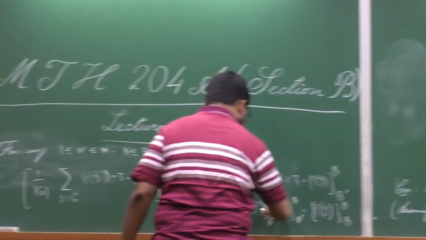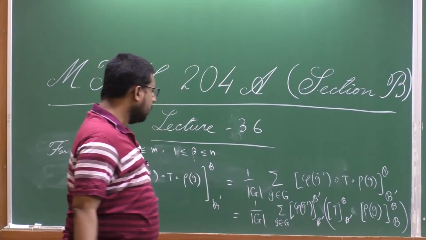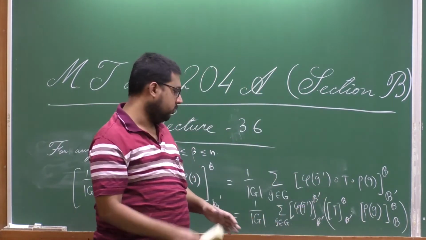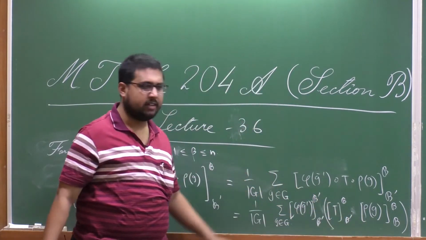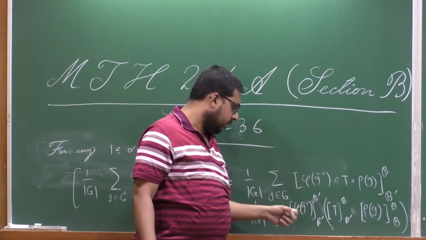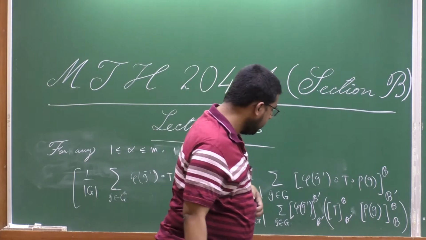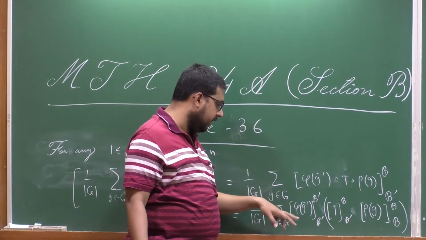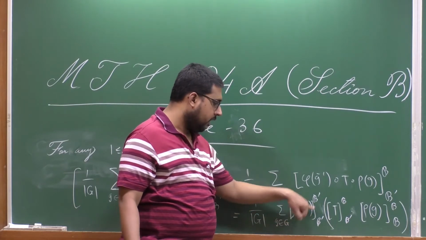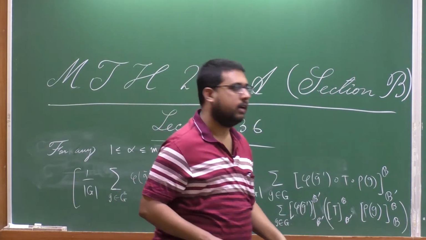These are now just matrix products. So the entry at the alpha comma beta position for a typical summand is going to be the inner product of the alpha-th row of this with the beta-th column of this product, right.